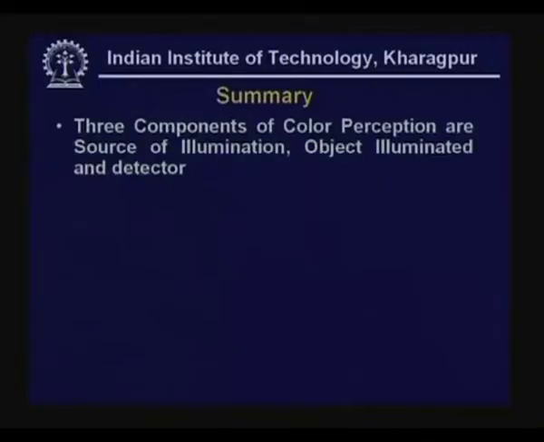There are three components to the entire process: the source of illumination, the object illuminated, and the detector. The source, depending on the spectral power distribution, is assigned a certain source color.